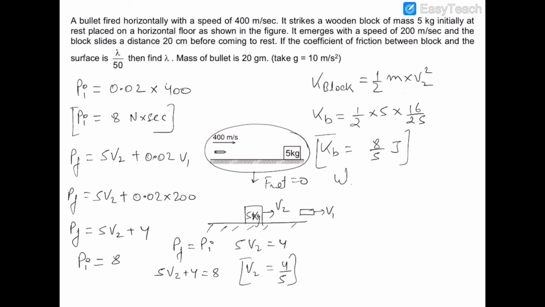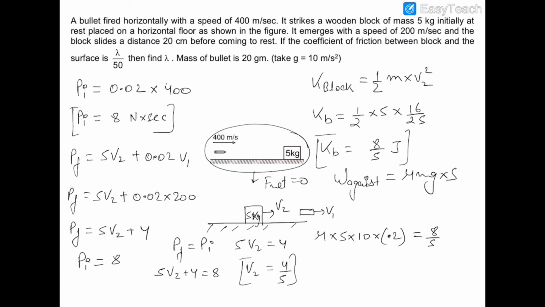So work done against friction, which is also the heat generated, will be mu mg into distance moved, which is 20 centimeter. So mu into m, which is 5, g, which is 10, and the distance is 20 centimeter. So in meter we can write it as 0.2, and this is equal to the kinetic energy, because the complete kinetic energy will be converted into heat loss.